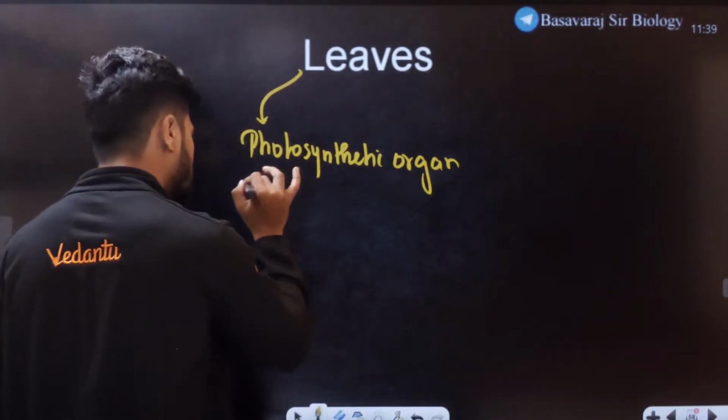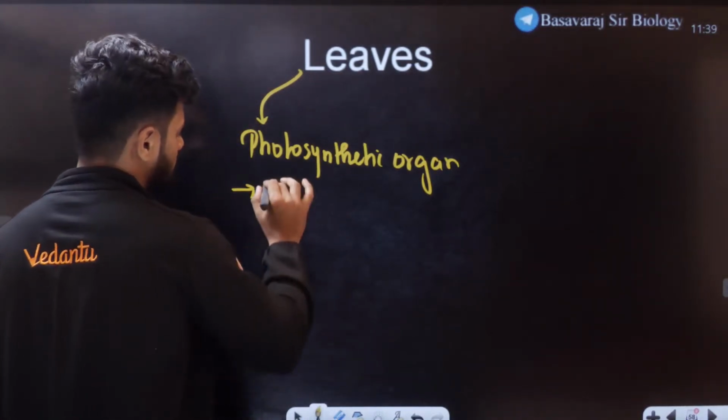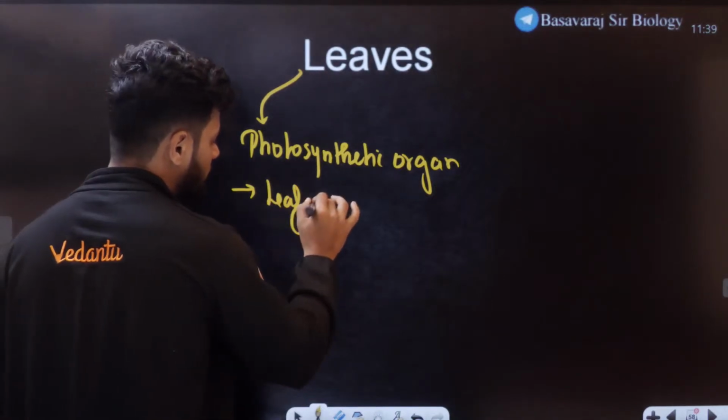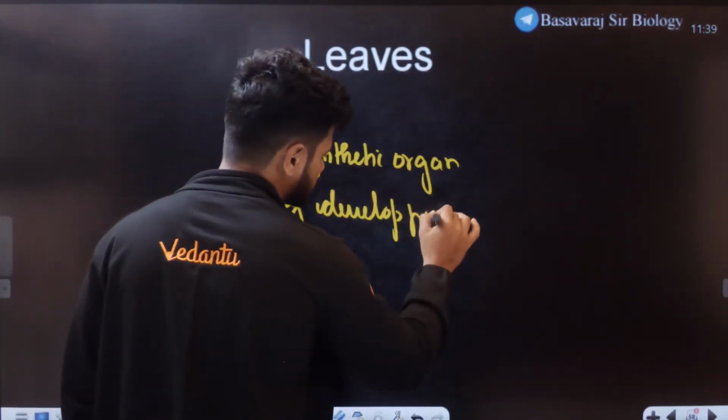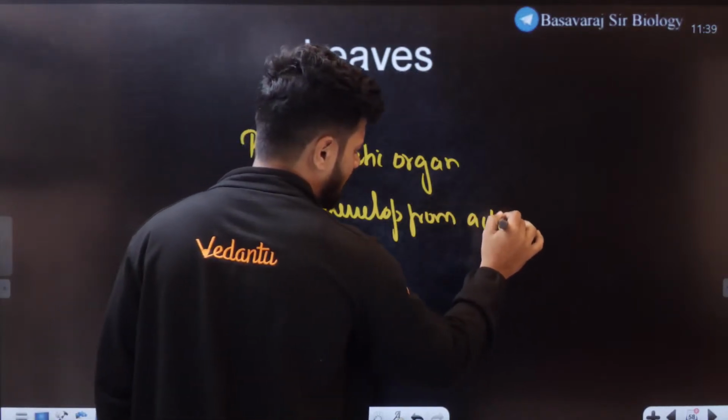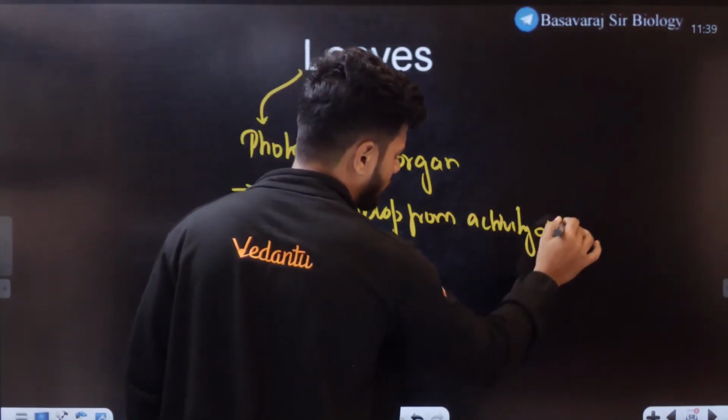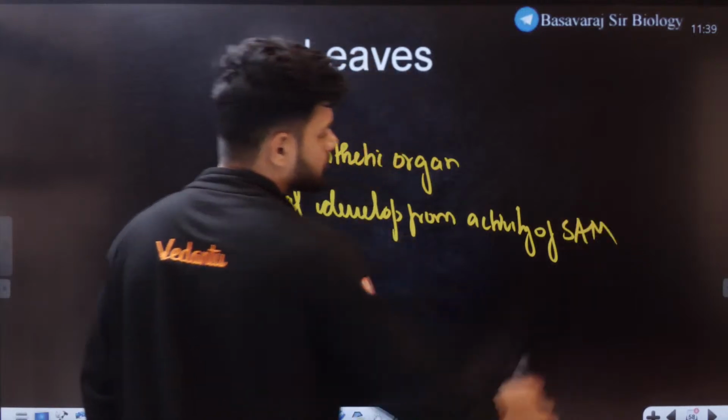Where does it develop from? The leaf develops from the activity of the SAM.